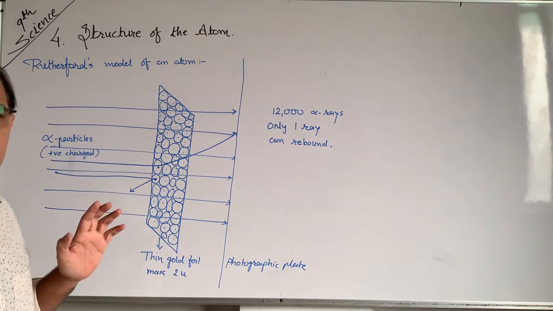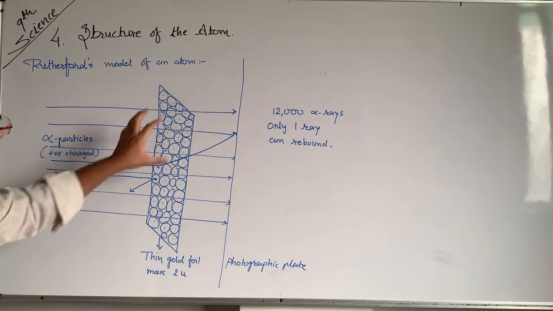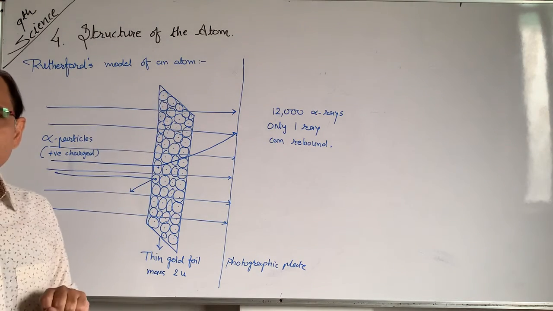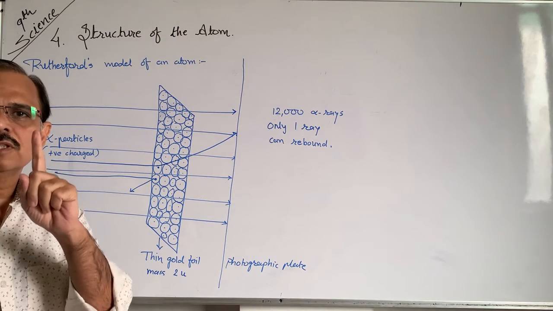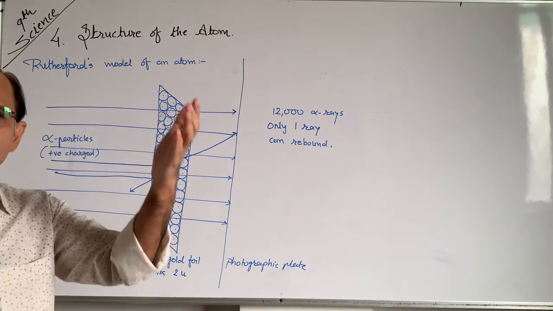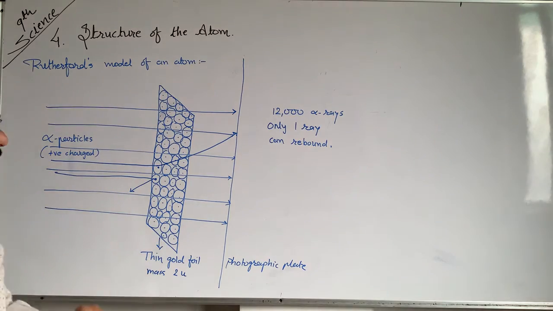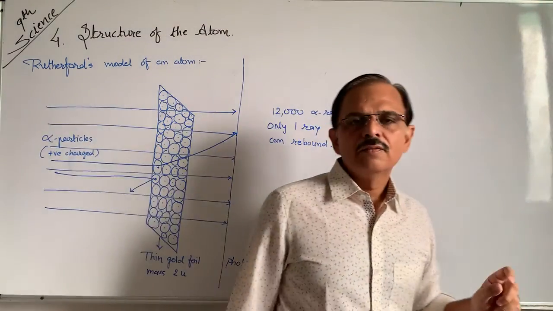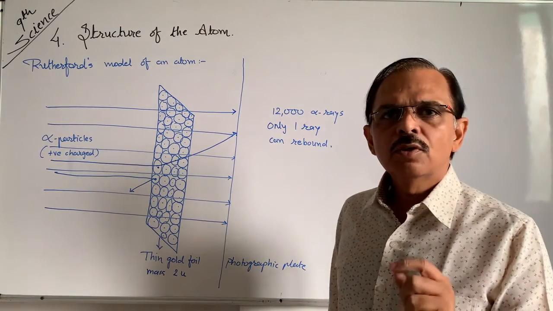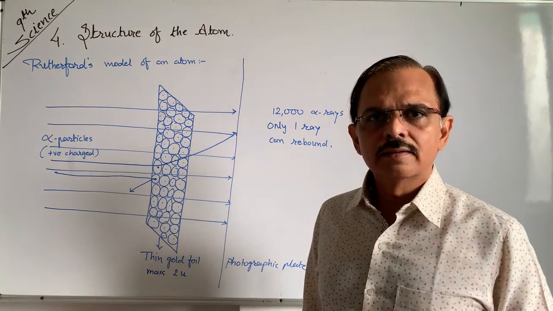From this experiment, Rutherford concluded that the atoms are hollow. The nucleus is at the center and the nucleus contains a positively charged particle. He named it a proton. So he found that the nucleus contains a positively charged particle at the center.